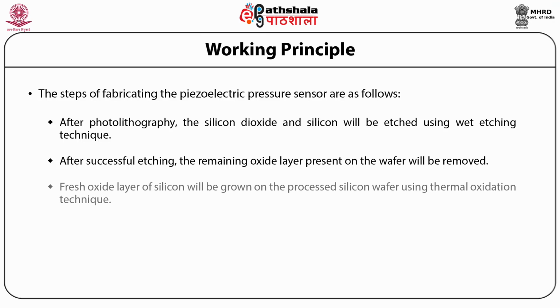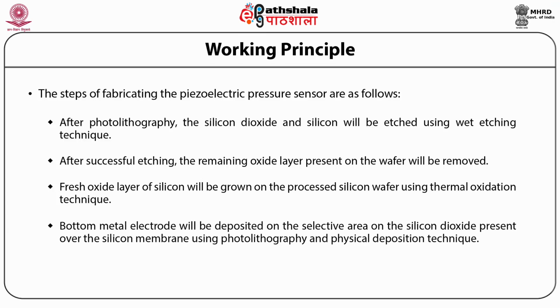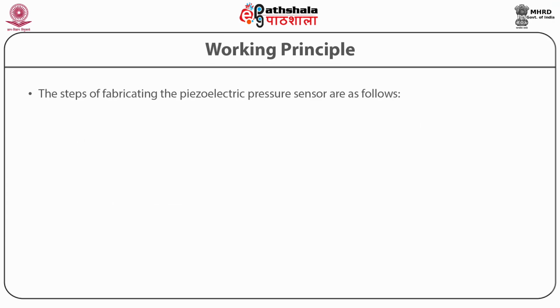later on. A fresh oxide layer of silicon dioxide will be grown on the processed silicon wafer using the thermal oxidation technique, and the bottom electrode, that is the bottom metal electrode, will be deposited on a selective area of the silicon dioxide having the silicon membrane, which is fabricated using photolithography and a physical deposition technique.